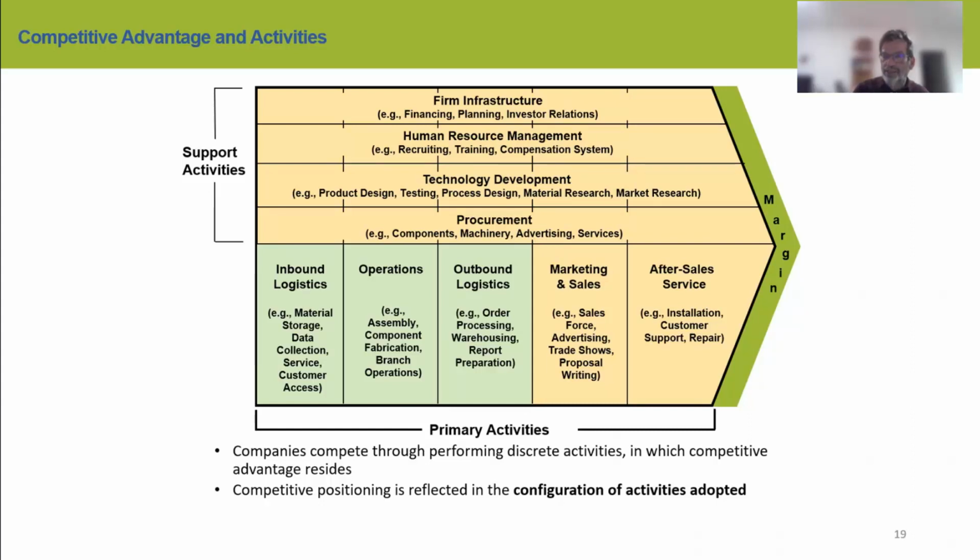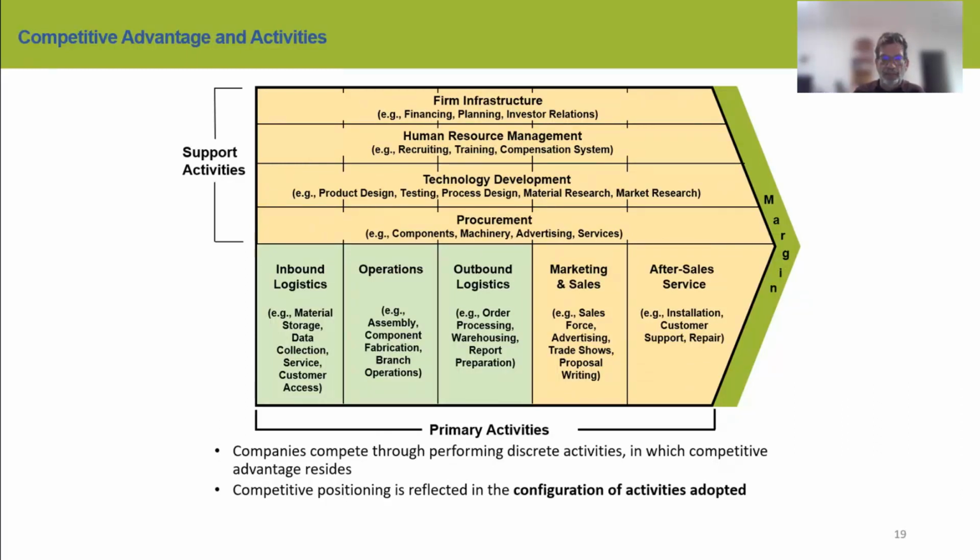Marketing and sales: what is the sales force, how we are going to do the advertising, the trade shows, the proposal writing for this market sales. And the after-sales service: are we going to have support, repair, what kind of installation we are going to create for all this, which may not be necessary.